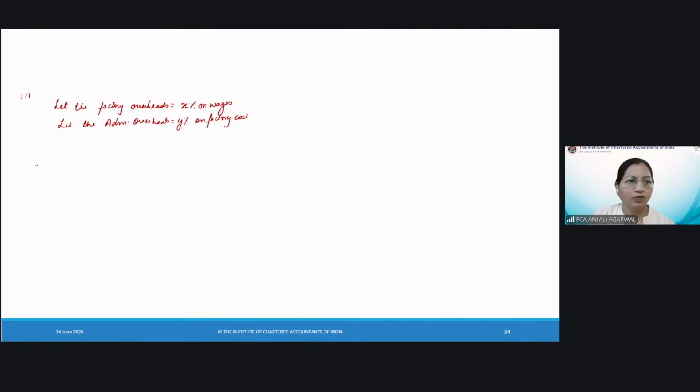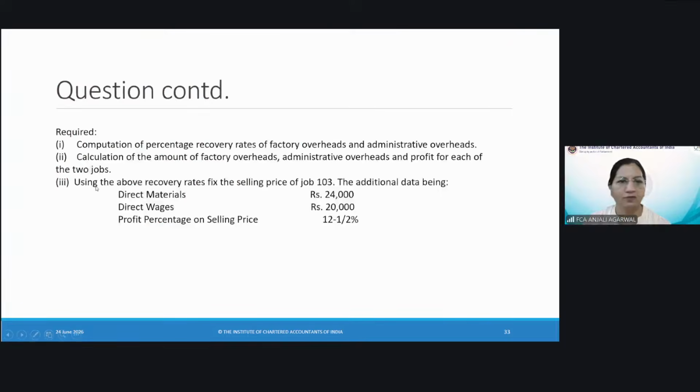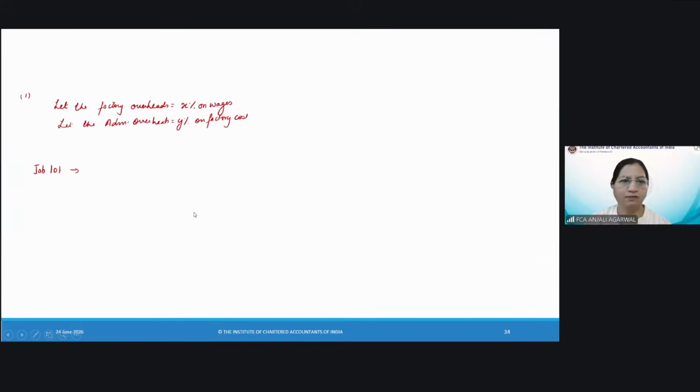So for job 101, you will have an equation. The total cost will be 54,000 plus 42,000, material and labor. Now you will add factory overheads, X percentage of wages. This will become your factory cost.